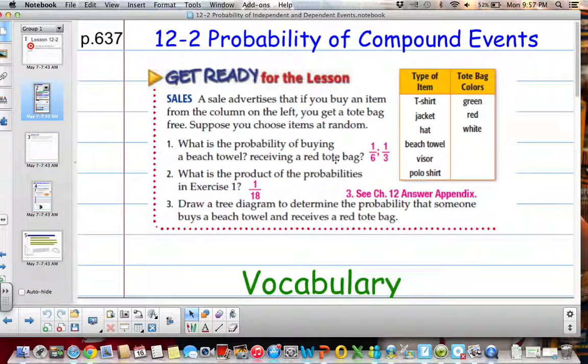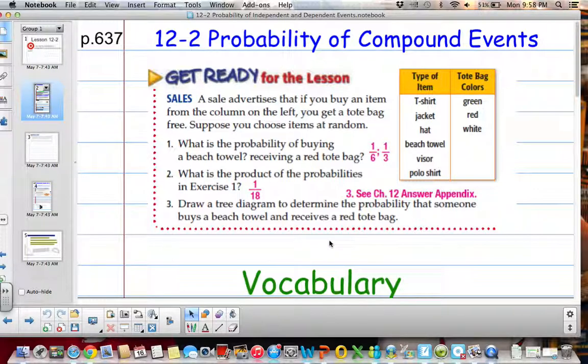Probability of receiving a red tote bag would be 1/3 because 1 is red and there's 3 total. The product of the probabilities, so if we multiplied 1/6 times 1/3, we would get 1/18. And then we can draw a tree diagram to determine the probability that someone buys a beach towel and receives a red tote bag.